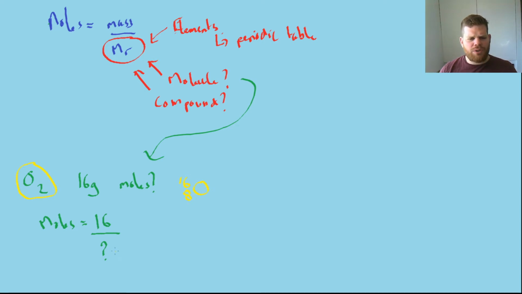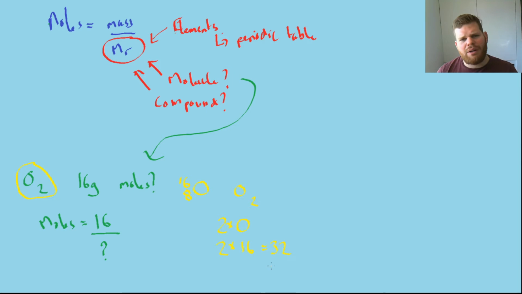So how does this fit in with our MR? Well, when we're looking at MR for a molecule, we have to consider every atom that's present. Now O2 comprises 2 oxygens. So our molecular mass here of oxygen is 2 times 16, which equals 32.